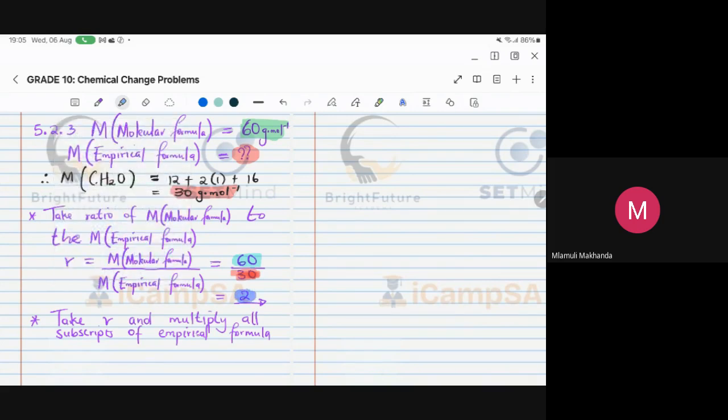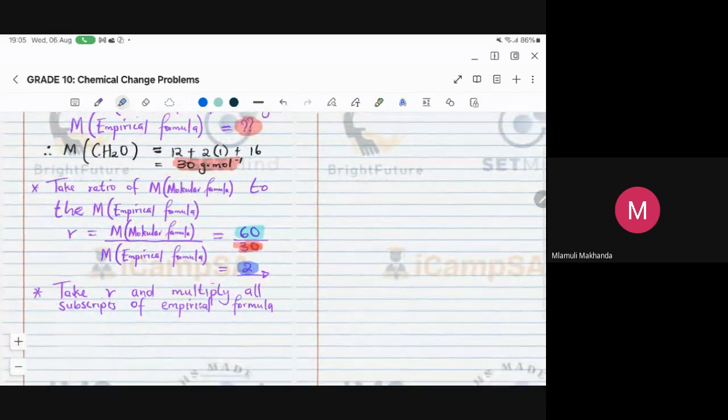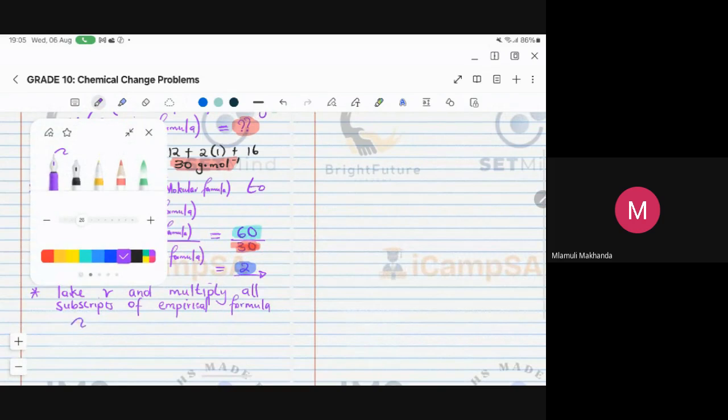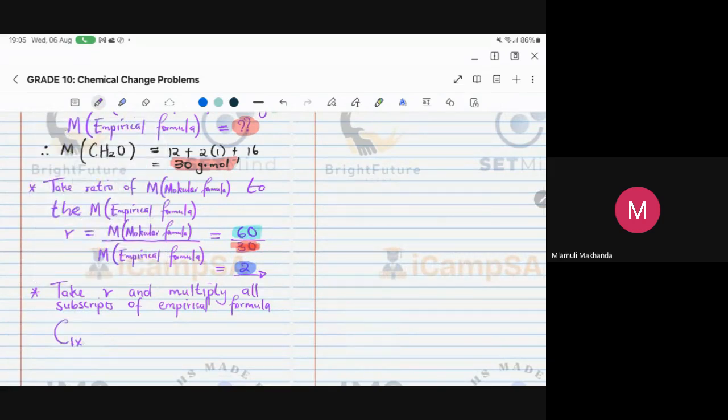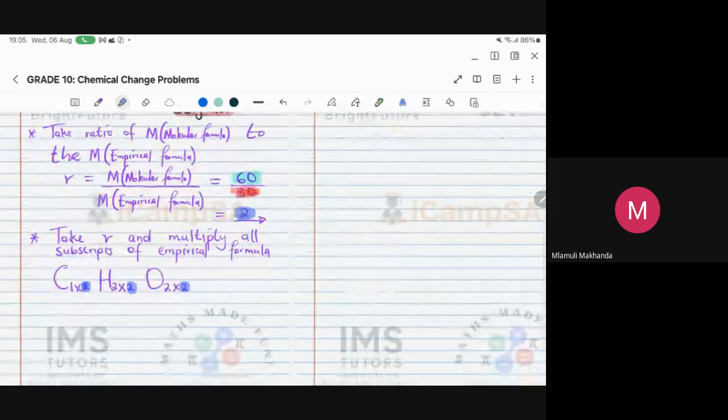So what that means is you do this. You say C, 1 times 2, H, 2 times 2, O, 2 times 2, where this 2 is just the ratio R, which is 2. And then this will give you the molecular formula.